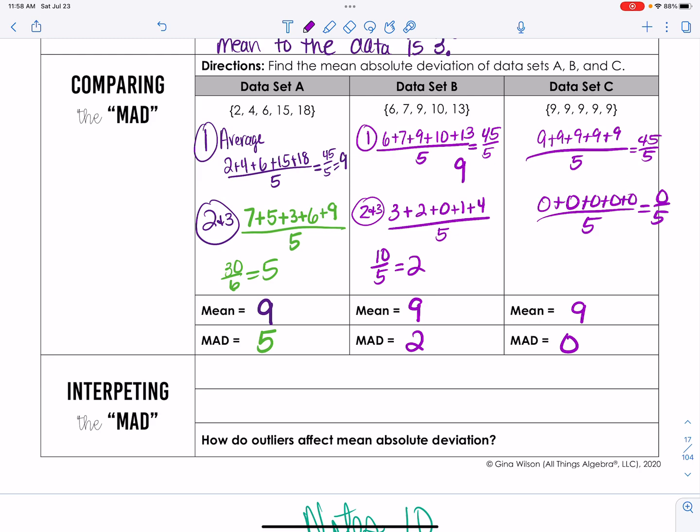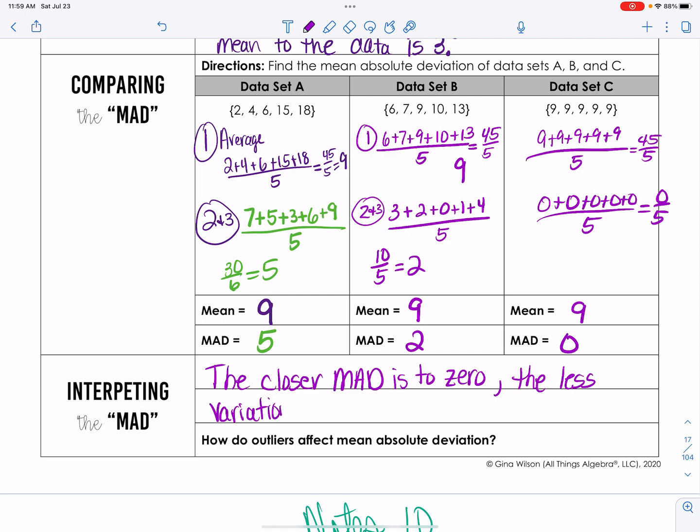So what does that mean? That means the closer the mean average deviation is to 0, the less variation there is in the data.